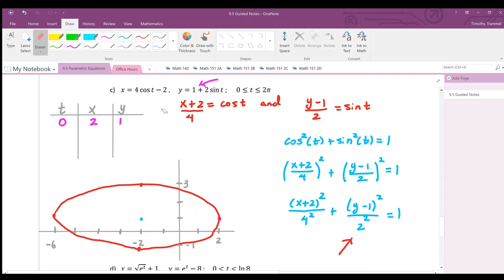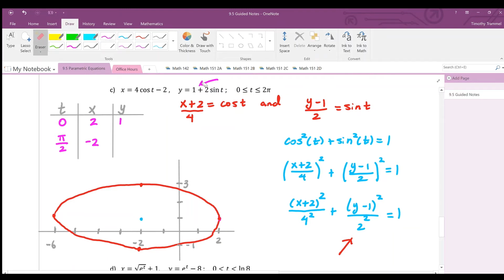And then the period would be 2 pi, and a quarter of the period would then be pi over 2. I'm doing this just so that I can think about what 1/4 of a rotation would look like. So if we plug pi over 2 in, cosine of pi over 2 is 0. So we get 0 minus 2, so that's minus 2.